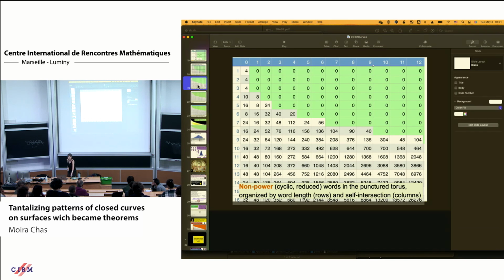Other questions? In the distribution for length, you had also a Gaussian, and the mean depends on the parameters of the metric, like the cuff lengths of the pants. In the geometric length. Yeah.